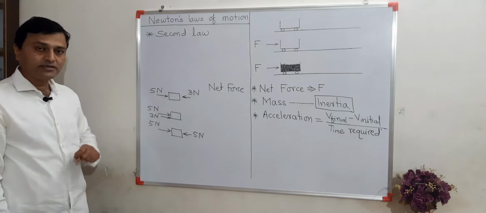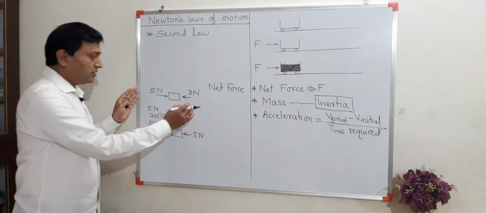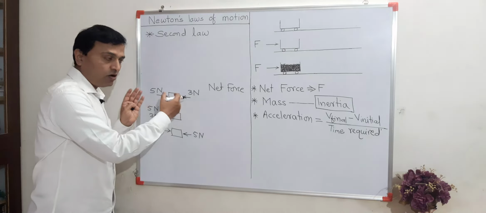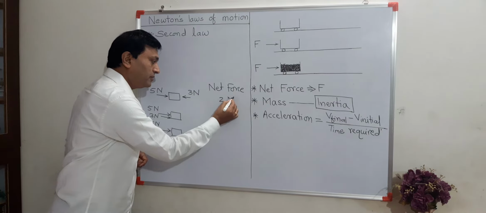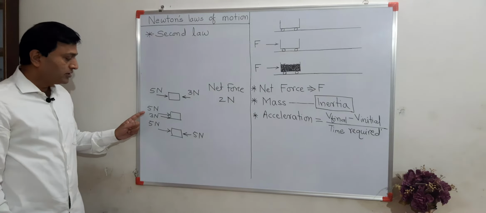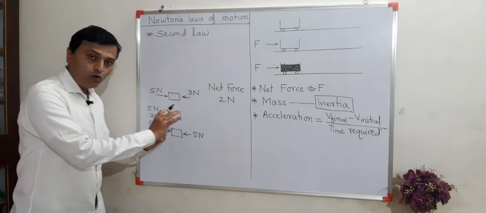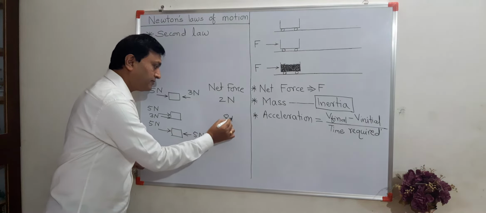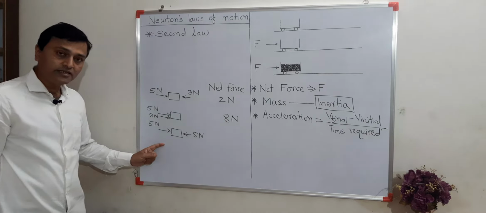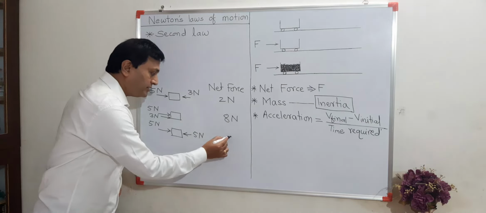For the first case, we will get the total or resultant or net force as 2 Newton. For this case, we will get the net force as 8 Newton. And for this case, we will get 0 Newton.